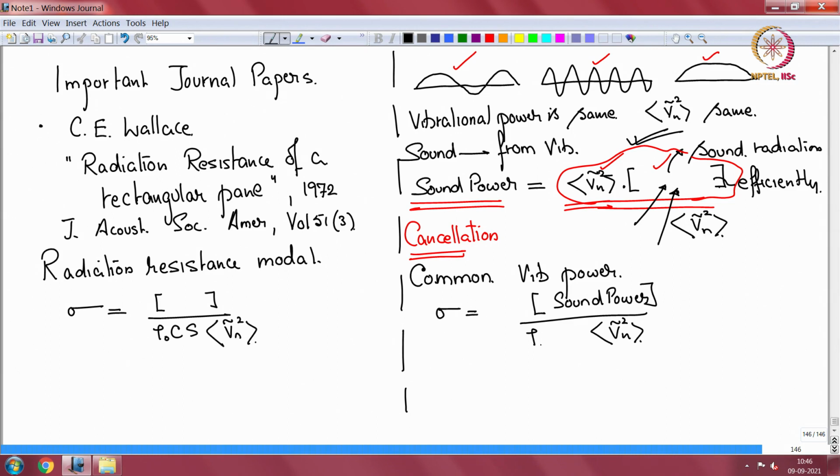Of course, there are these terms placed in there for making this a power from a circular piston. Now radiation resistance is sigma rho 0 c, so that's equal to the sound power divided by mean square velocity. So that's what Wallace discusses in this paper modally, mode by mode.